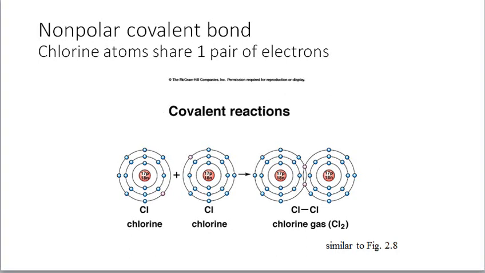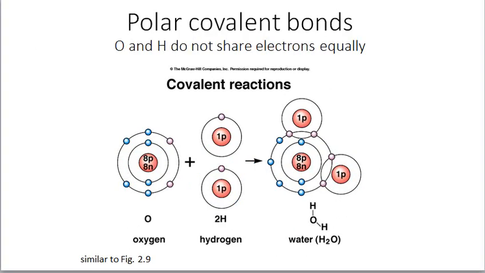In this example, two chlorine atoms share a pair of electrons equally. A nonpolar covalent bond results. In water molecules, the oxygen atom has a stronger attraction for the shared electrons than the smaller hydrogen atoms do. The oxygen hogs the electron somewhat and ends up with a partial negative charge.